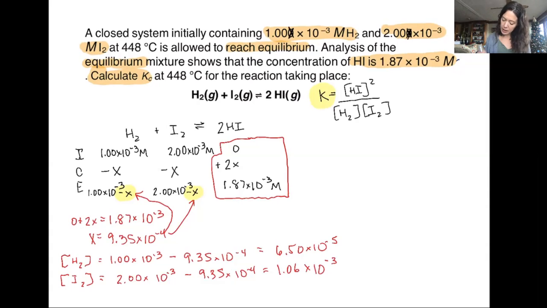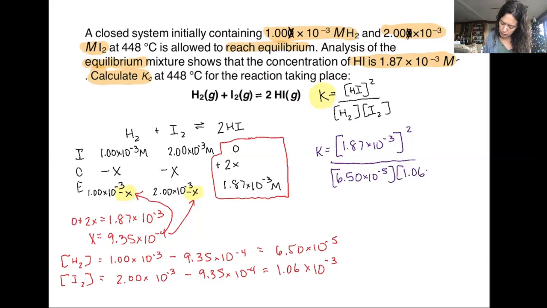Okay, well, I need to solve for K. K, as we've already written, is equal to the concentration of HI at equilibrium. That is 1.87 times 10 to the negative third, and I need to be sure to square that. I need to divide that by the concentration of H2, 6.50 times 10 to the negative fifth, and 1.06 times 10 to the negative third.